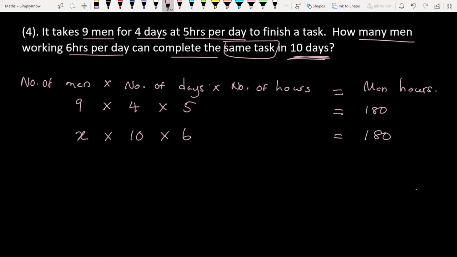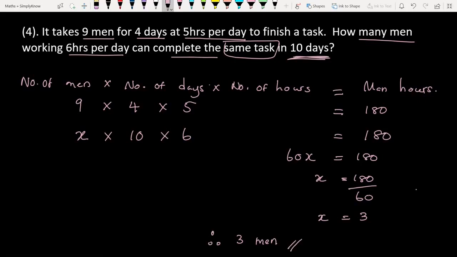So again, we have to solve this equation. X times 10 times 6 is 60x equals 180. X is 180 divided by 60. And we get 3 as our answer. Therefore, we can say that 3 men are needed to complete the same task in 10 days by working 6 hours per day.